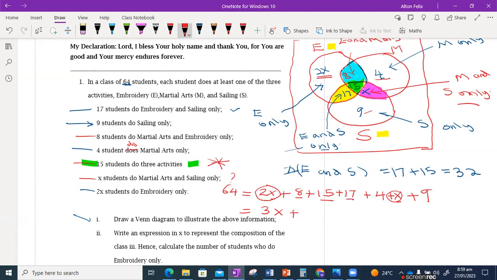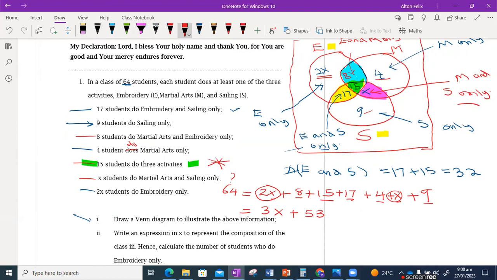Yeah, 23 and 17 is 40. And 40 and 4 is 44, plus 9 is how many? 53. Right. So I am going to make a quick adjustment. Here, let's double check. 8 and 15 is 23, and 17, 40. 40 and 13 is 53.